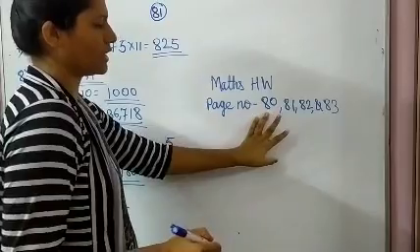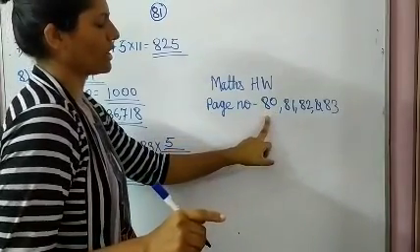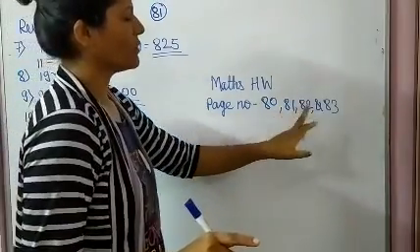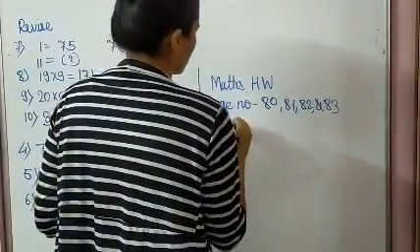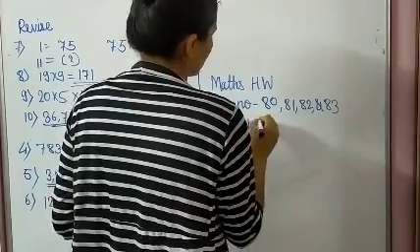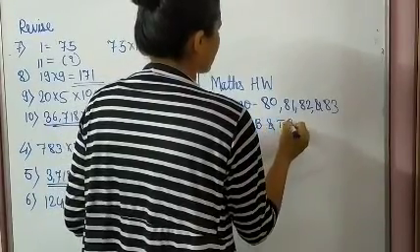So in 80 also I solved one problem. The remaining ones you have to solve yourself. Means 82 and 83. That is your homework in notebook and textbook.